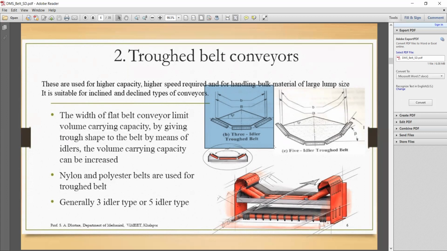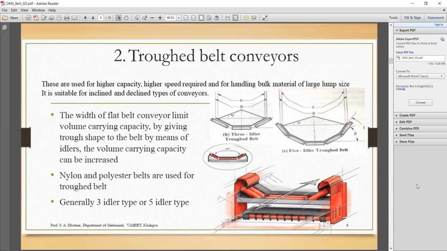Generally it has three or five idlers to convert the flat belt into the troughing belt. Okay, why is this troughing belt very important?